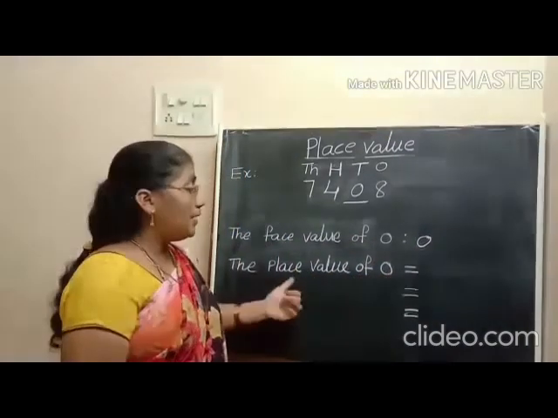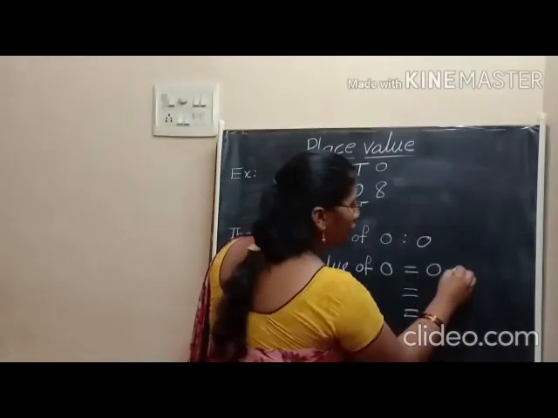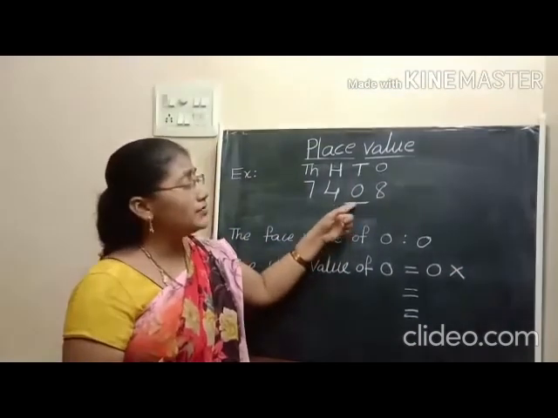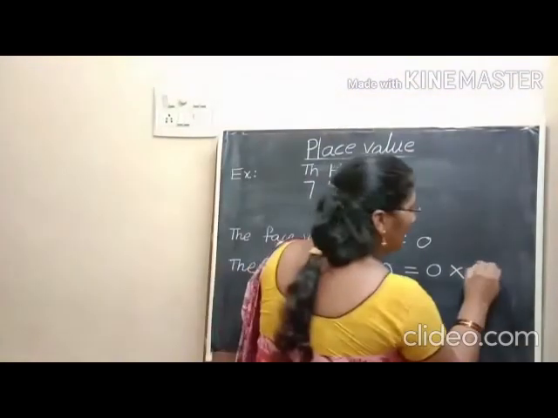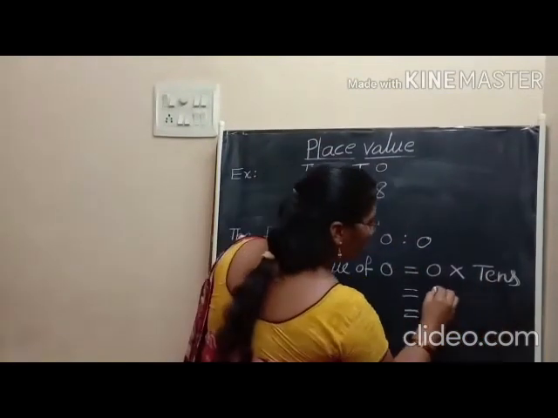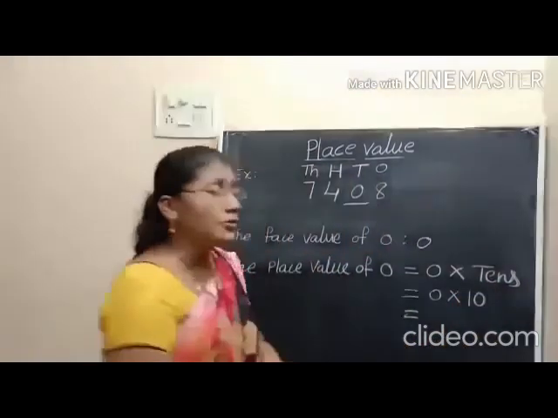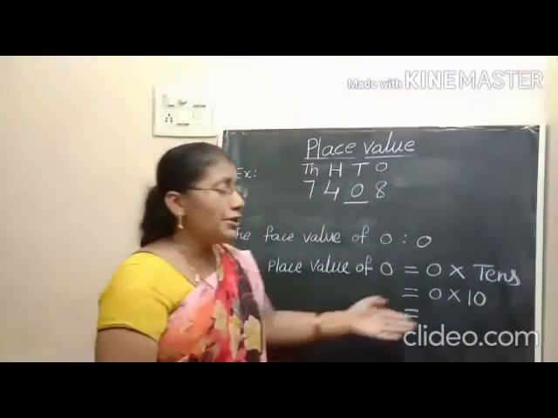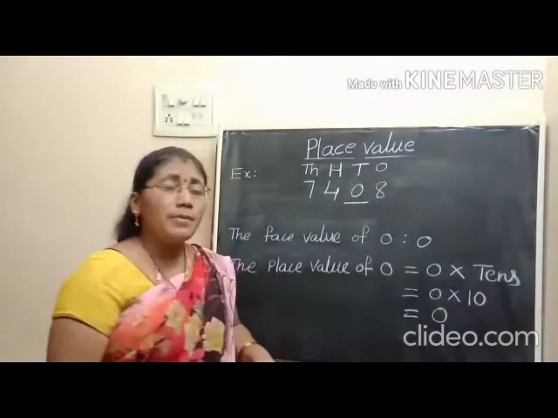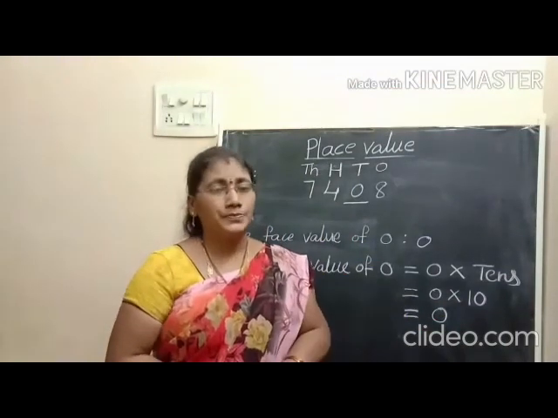Then, the place value of 0 is face value into place of the digit. What is the place of the digit? It is tens. Now take their product. 0 into 10 means it is also 0, because by multiplying 0 with any number, we get 0 only.